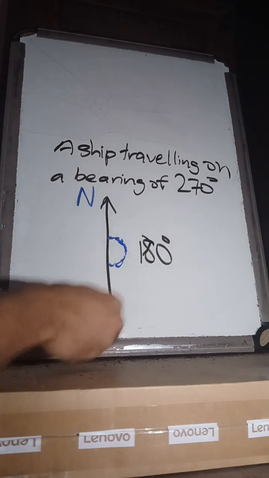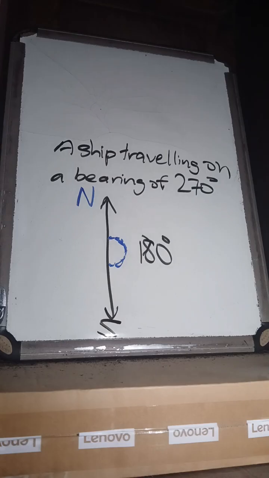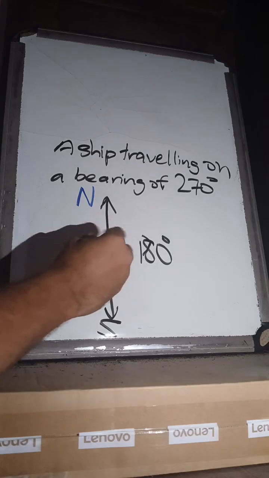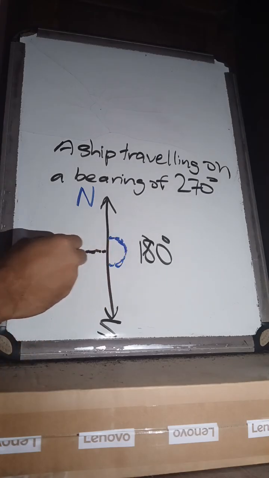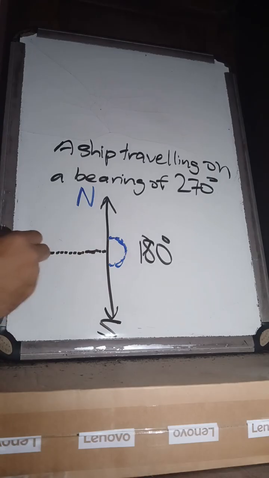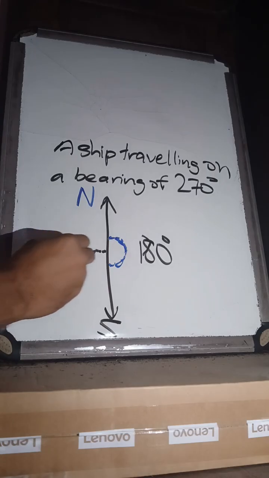So you know that the 180 is south. So all we have to do is add one more 90 to that.